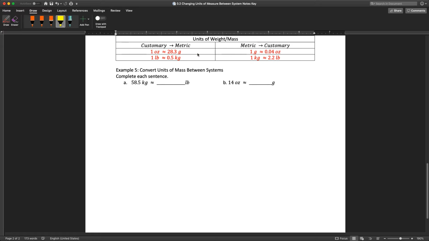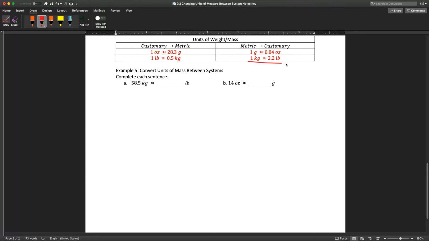Now, our last one that we're going to talk about is units of weight and mass. So our first example here, it asks us to go from 58.5 kilograms to pounds. So we're starting with kilograms and we are going to pounds. So kilograms is a metric unit, pounds is a customary unit.